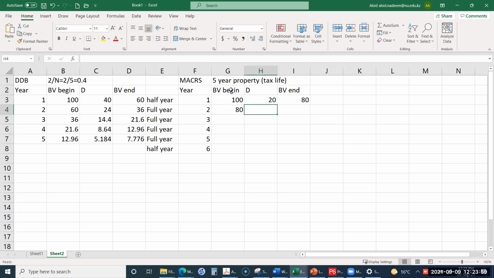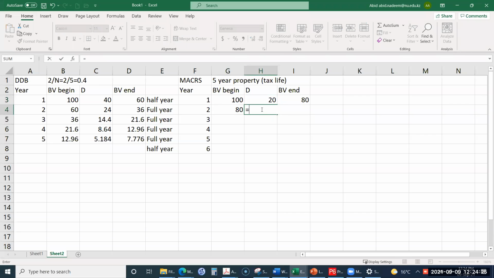So now, because the MACRS method actually applies the double declining balance method, but with the half-year convention, it will be the same, like 32%. Here we use 0.2, but here we will use 0.4.